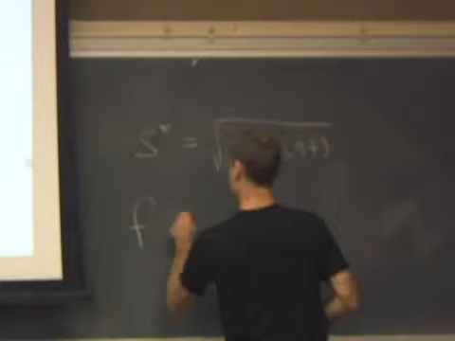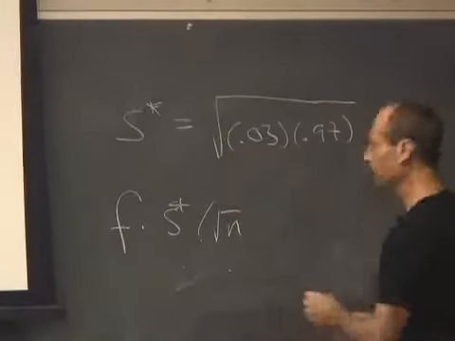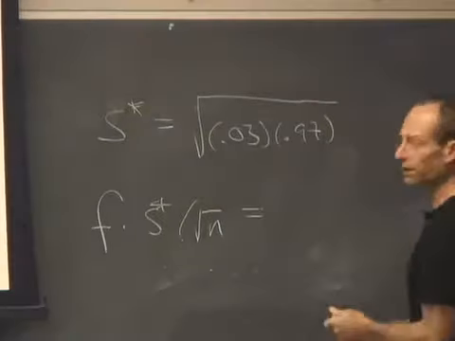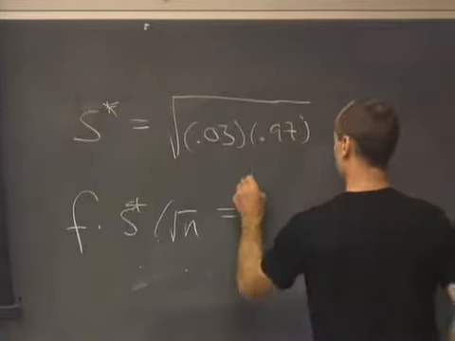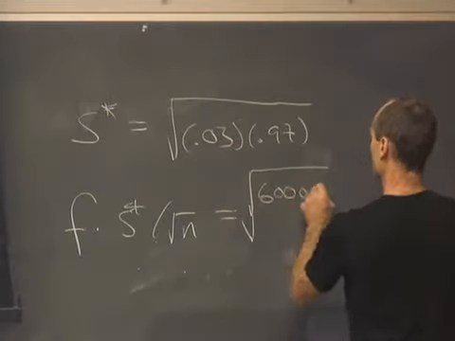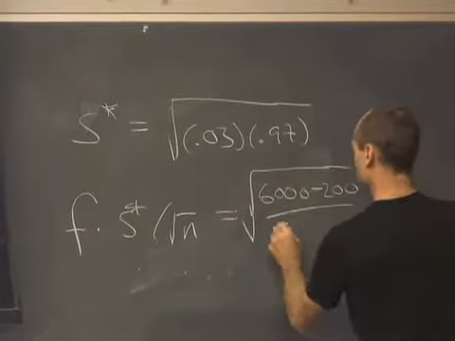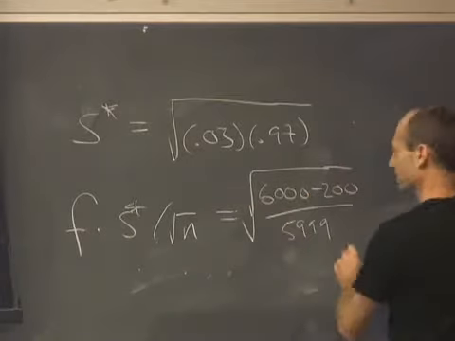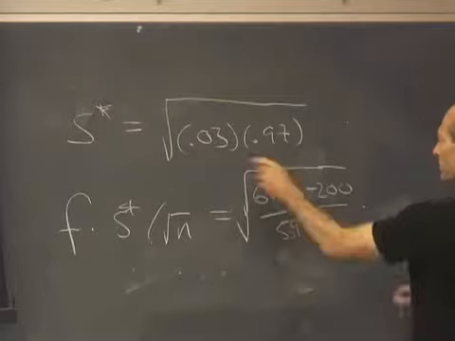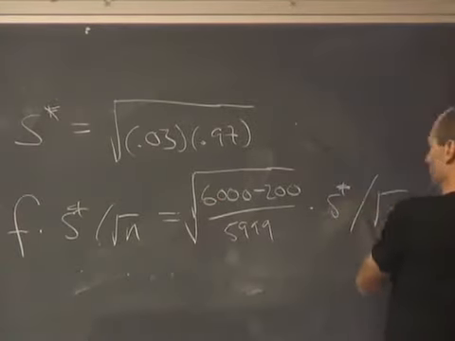We need to multiply f times S star over the square root of n, right? So f is going to be the square root of 6,000 minus 200 over 5999, right, times this thing divided by the square root of 200.